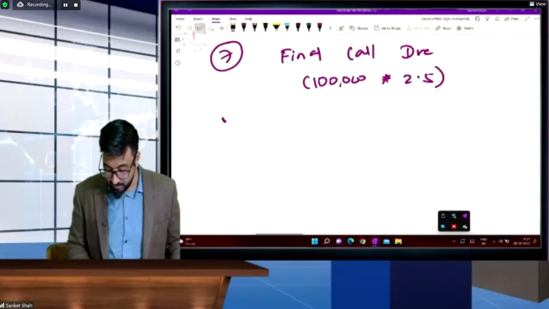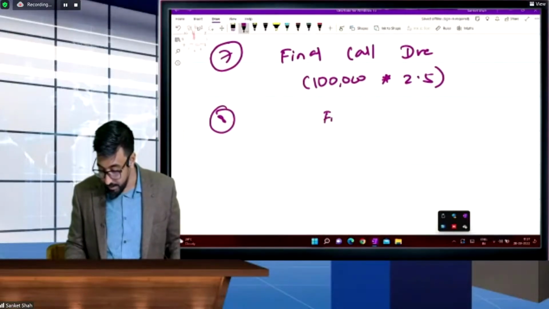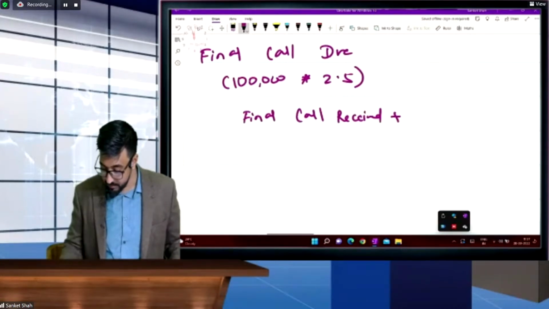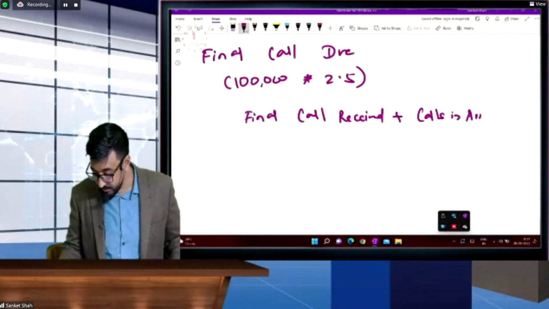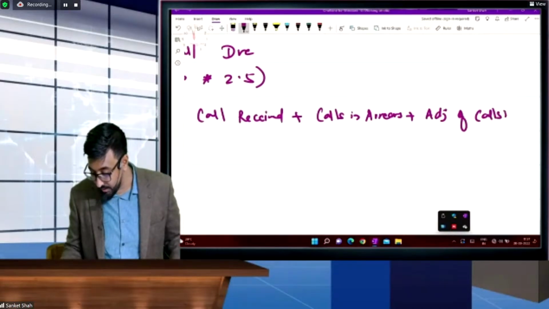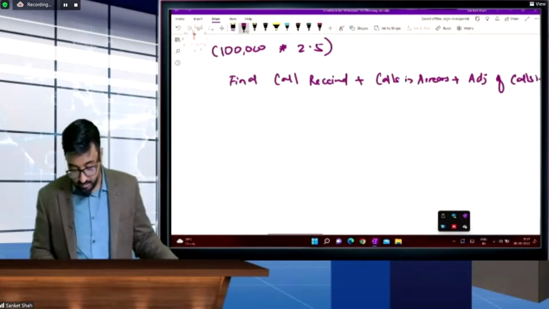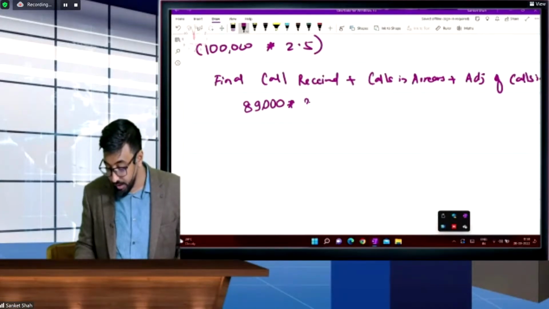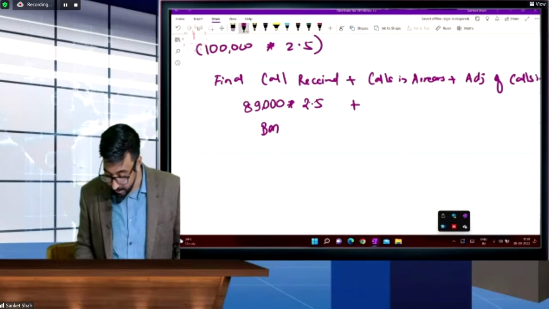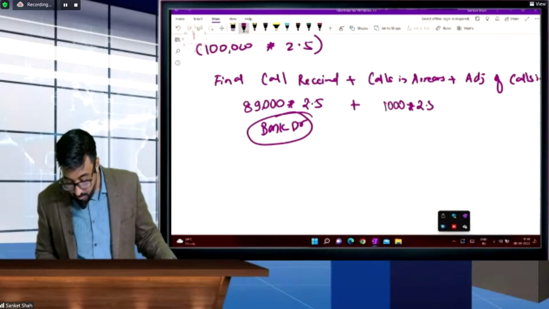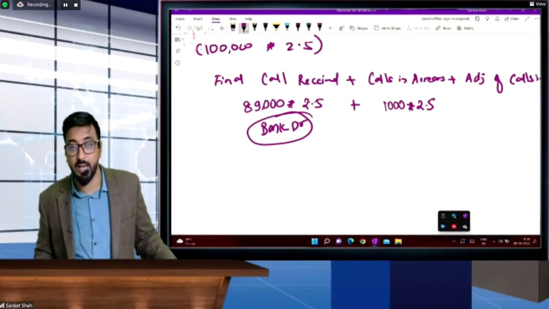Sorry, this is one. And now final call received, plus calls in arrears, plus adjustment of calls in advance. Okay. So now final call received on how many shares, beta? 89,000 shares into 2.5. Bank account debit. Calls in arrears, 1,000 shares have not paid the final call.